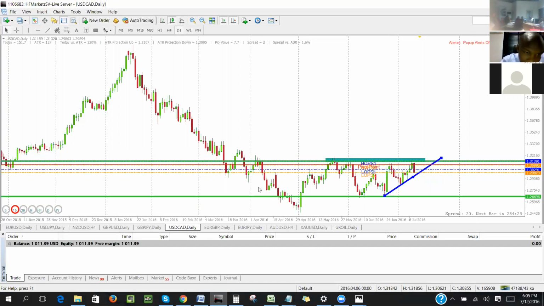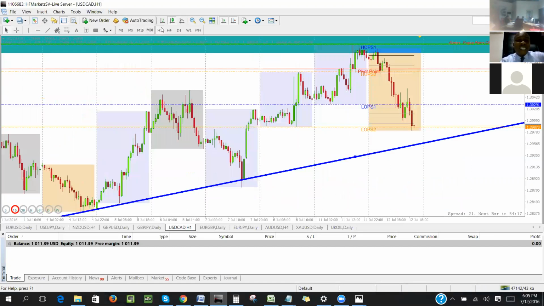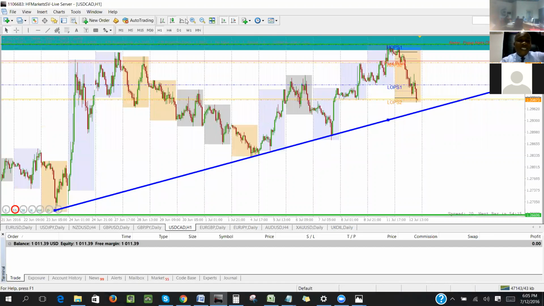Do we understand? Yes. My kind of trading, I don't do crazy technical analysis. If you want me to do technical analysis for you, I will tell you that if price breaks this trend line, you should start selling. You can do that.